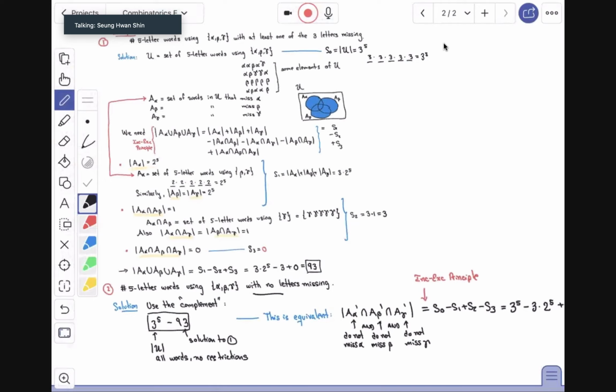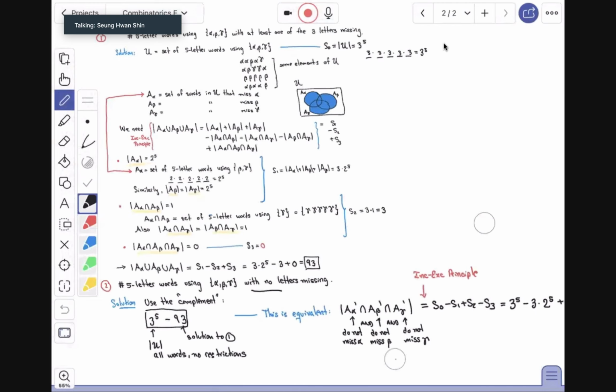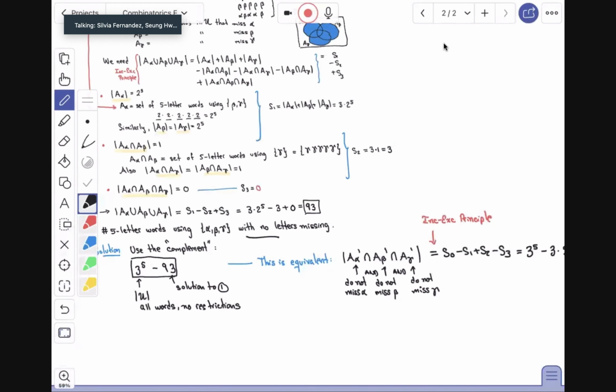And we were looking at the union of all three to find the answer for the 5-letter words that use at least one of them. I think that's similar to the complement idea, but why is it not a union?